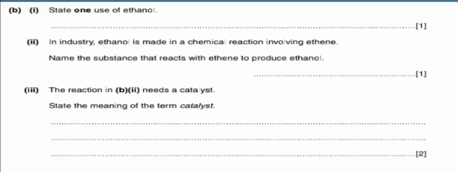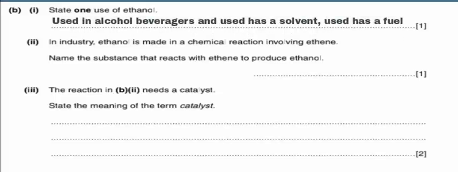Now here they are asking us one use of ethanol. Ethanol is an alcohol, so we can say it is used in alcoholic beverages. Apart from alcoholic beverages, we can say it is used as a solvent, and in thermometers, like a laboratory thermometer. We can also say it is used as a fuel. Alcohol is also used as a fuel.